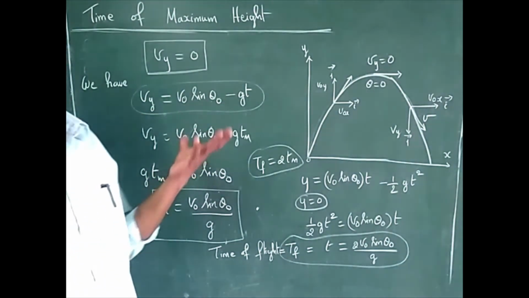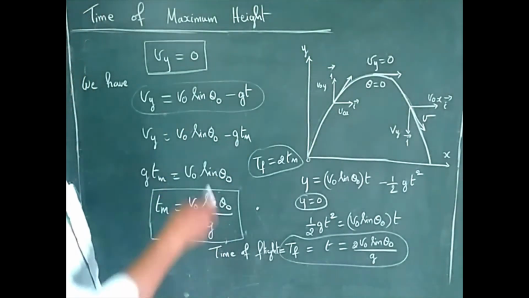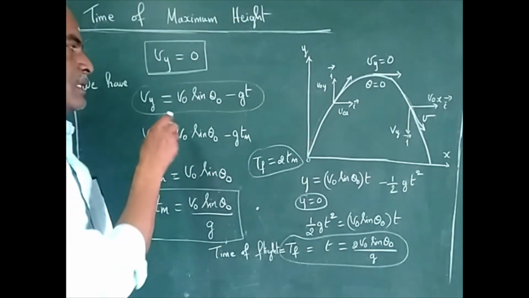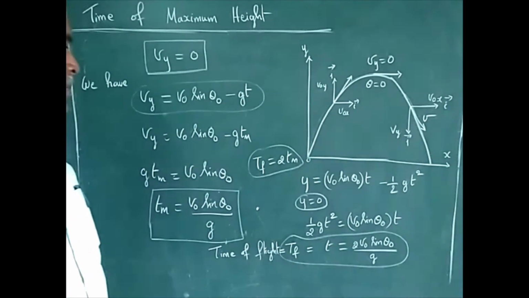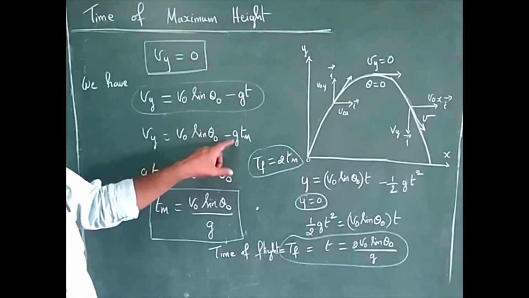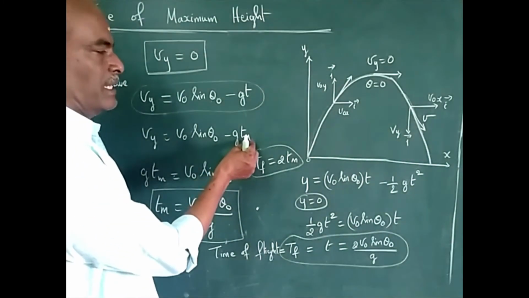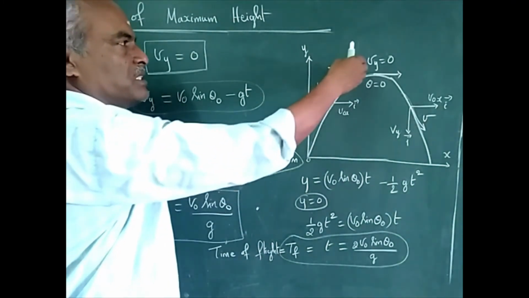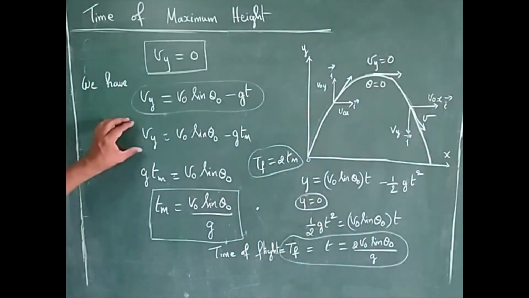That means we have divided that velocity component into two components, x and y components, and we make use of the second one, that is Vy is equal to V naught sin theta naught minus gt. Right. Now Vy is equal to V naught sin theta naught minus g Tm. Tm is the time taken to reach the maximum height. Okay. Now Vy is equal to 0.